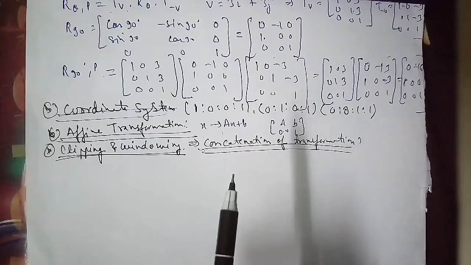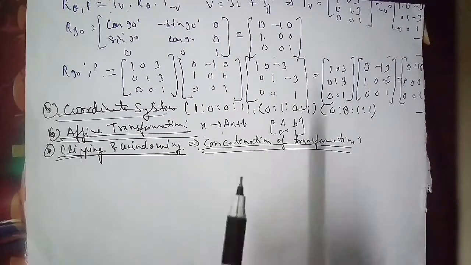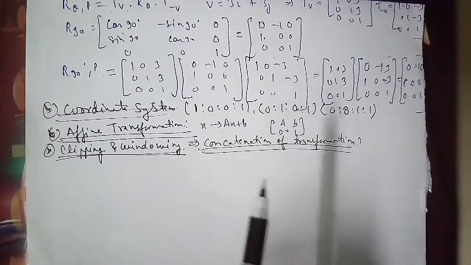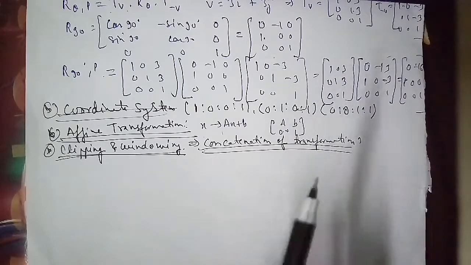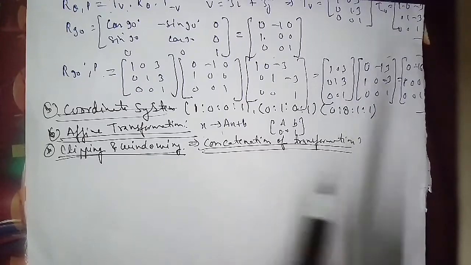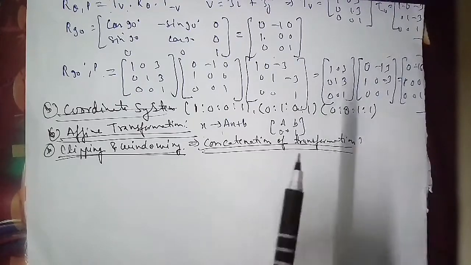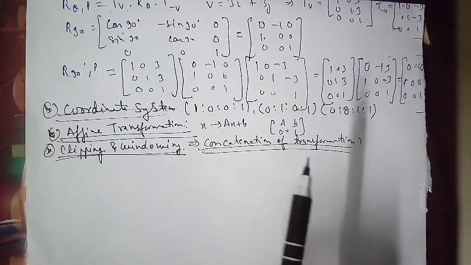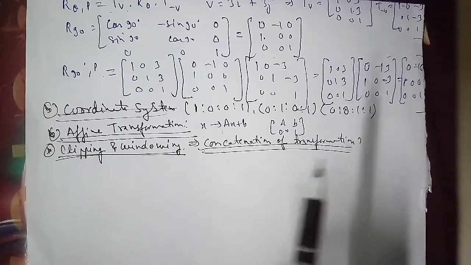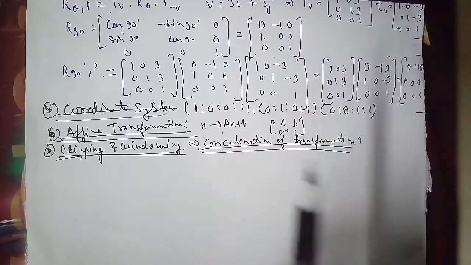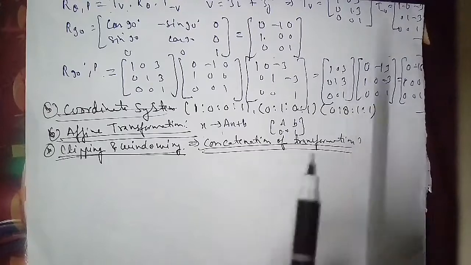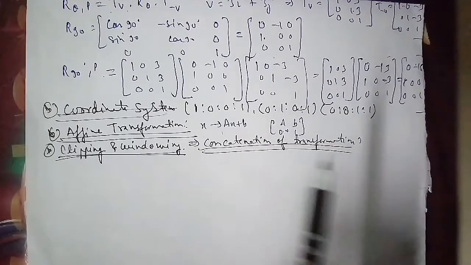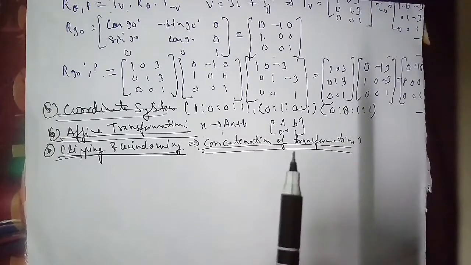For example, if we want to scale a point by a factor of 2 in a two-dimensional system and then rotate it about the origin by 45 degrees, the concatenation would simply be the product of the two transformation matrices. It is important that the order of the matrix multiplication be the same as the order in which the transformations are carried out. The concatenation of a series of transformations becomes more complicated when a translation is involved.